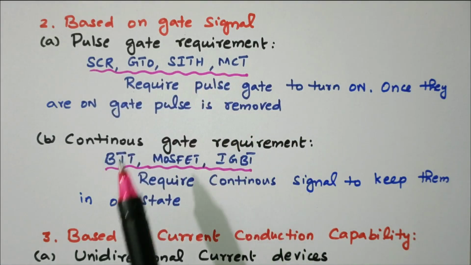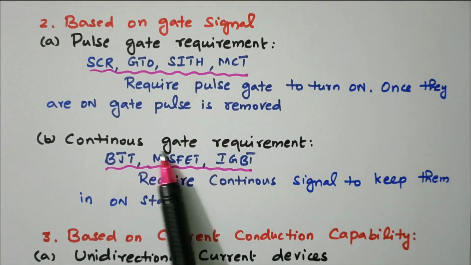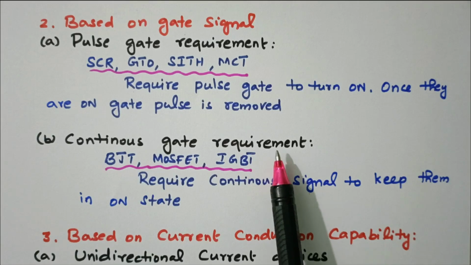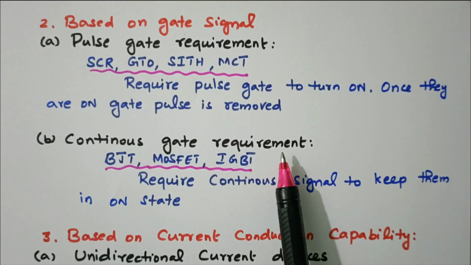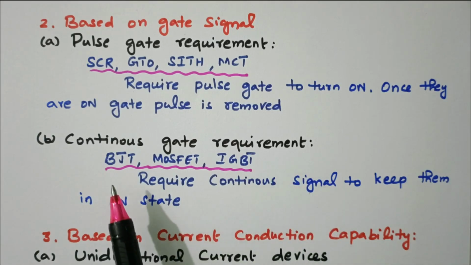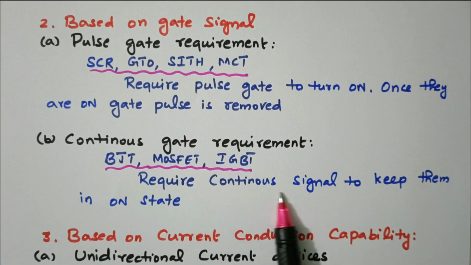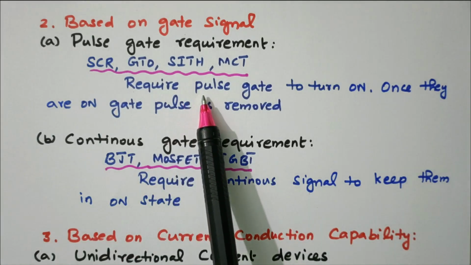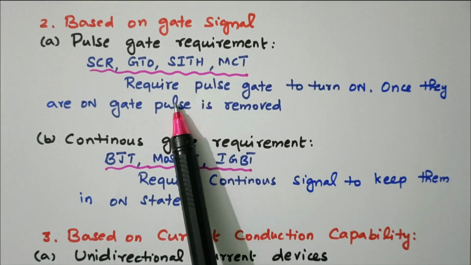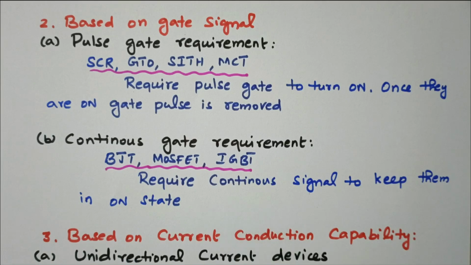Another one is continuous gate requirement. We have to give the gate signal continuously in order to maintain the on condition. That is BJT, MOSFET, IGBT. They require a continuous signal to keep them in the on state. Here only one pulse is enough to turn on. Here a continuous signal is given.